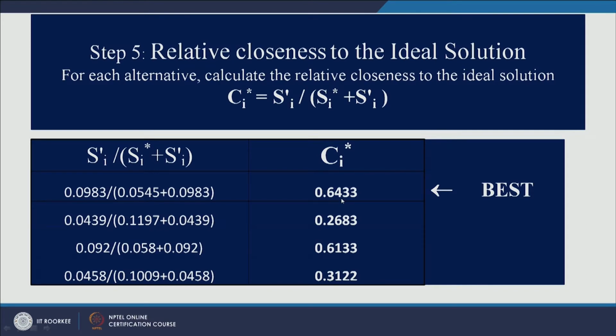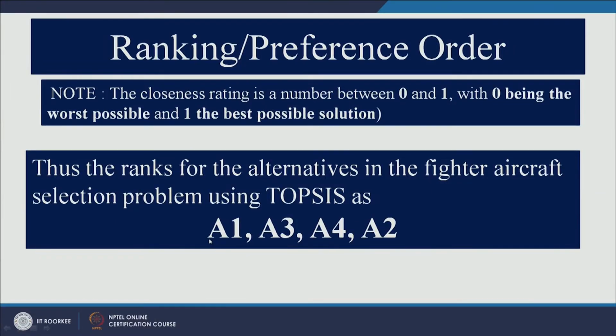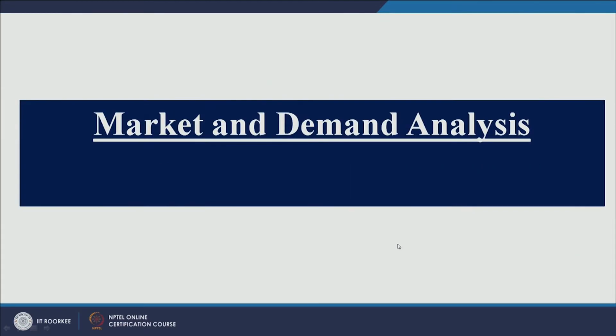So which aircraft would you select? The A1 aircraft. Then go for A3, then A4 and finally A2. So this is the ranking of these aircraft: A1, A3, A4 and A2.